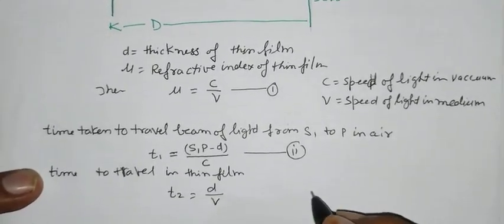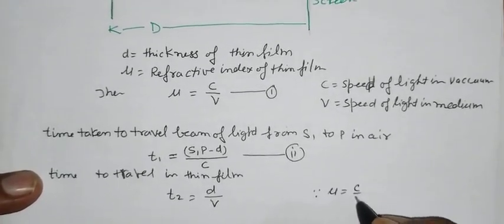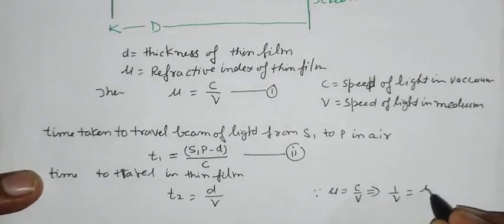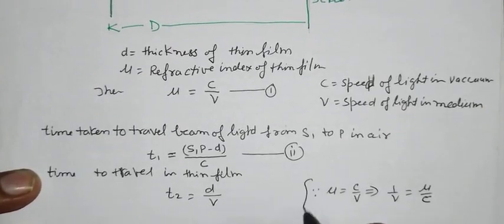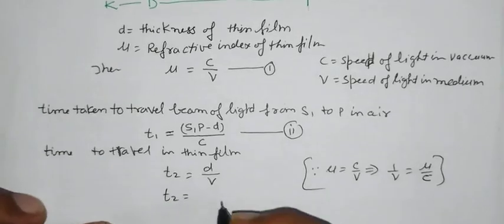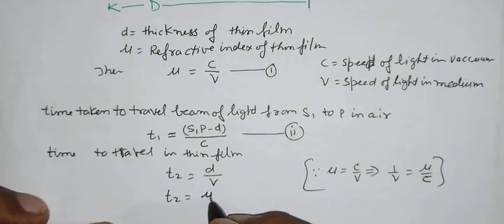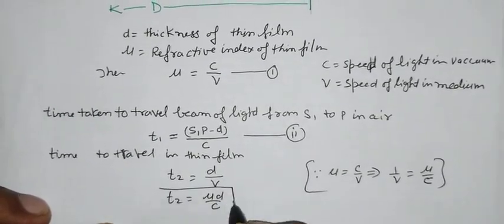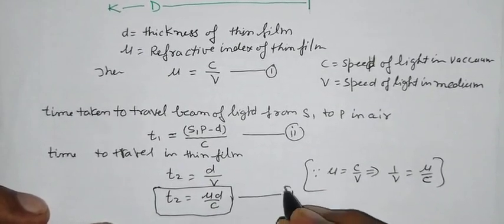We can change this, since we know that mu is equal to c by v. This implies that 1 by v is equal to mu by c. So t2 can be written, in place of 1 by v, introducing mu, as mu d by c. This is equation number 3.